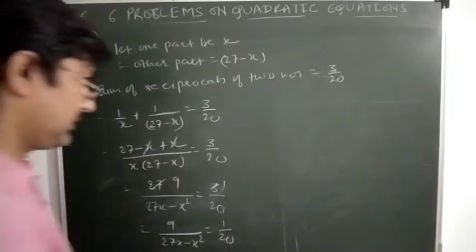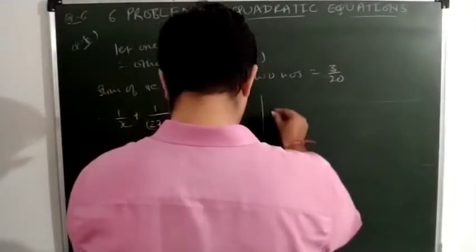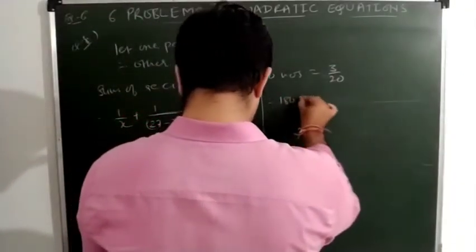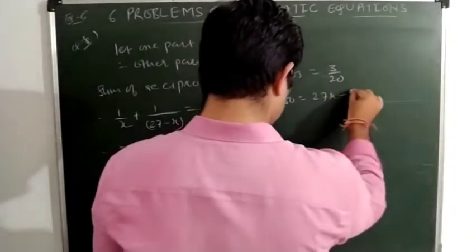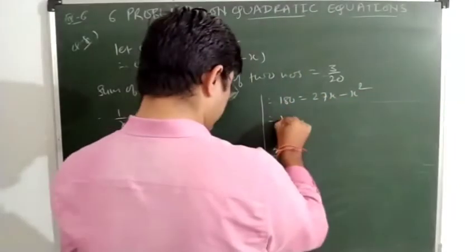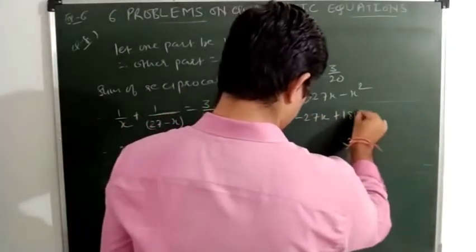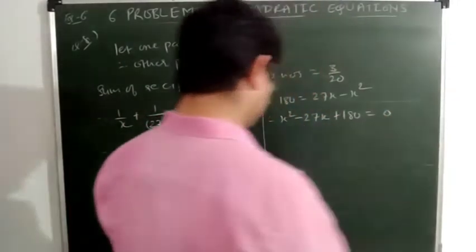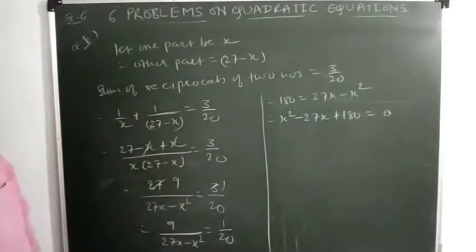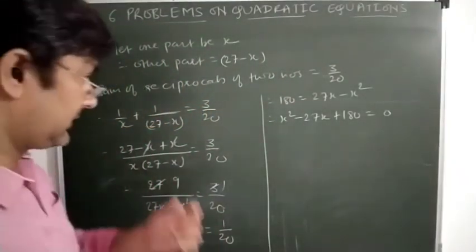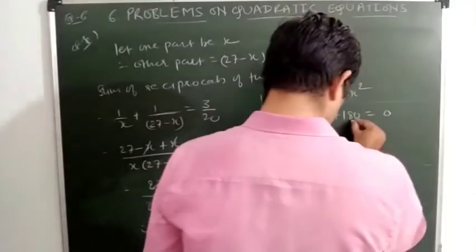Now we can cross multiply and further simplify. 180 is equal to 27x minus x square. Therefore x square minus 27x plus 180 is equal to 0. Now we will find the factors of 180 such that the sum is 27.